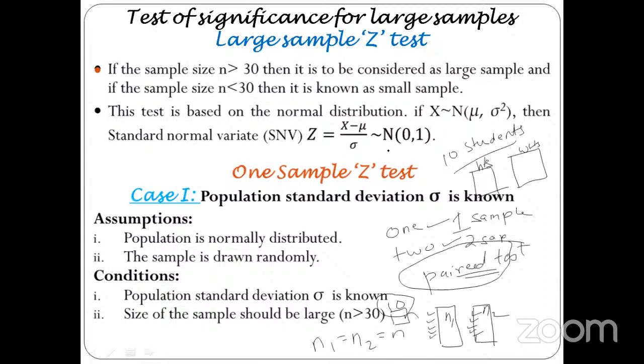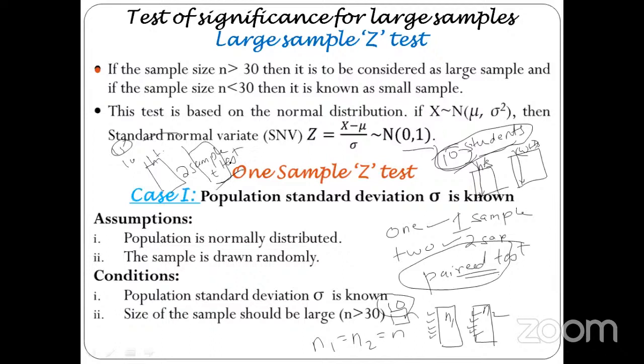There is one class, and in the class we have taken 10 students. For 10 students we have taken 10 heights and 10 weights. So these are samples from the same objects. Then we use what is called paired T test. But if for one class we take 10 students for one sample of height, and we take another 15 students for another sample, then we use two sample T test.